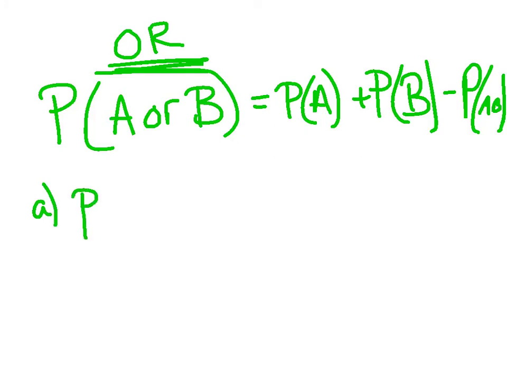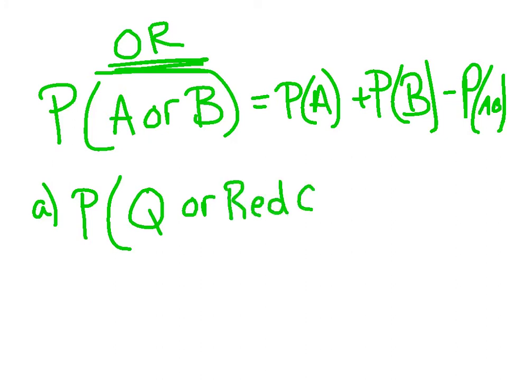Let's say the probability that you pick a queen or a red card. All right? So let me say that again. Probability you pick a queen or a red card. Box in that word or. That's got to trigger your mind here as this special formula.